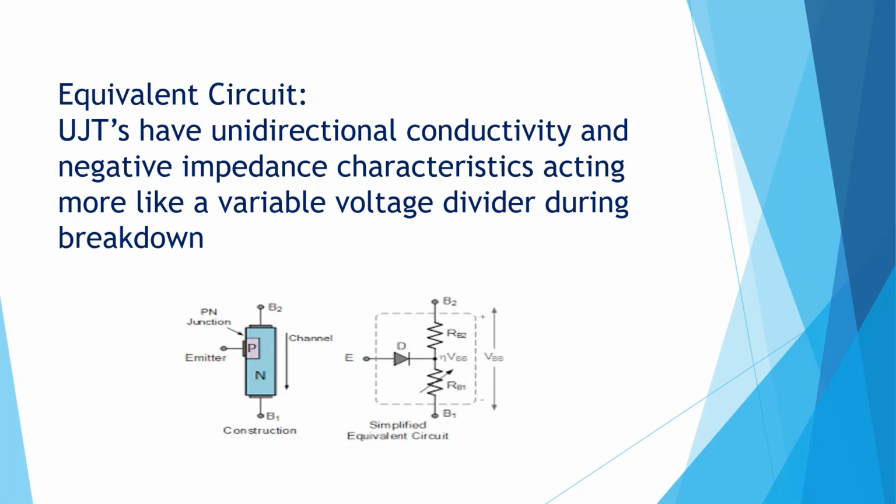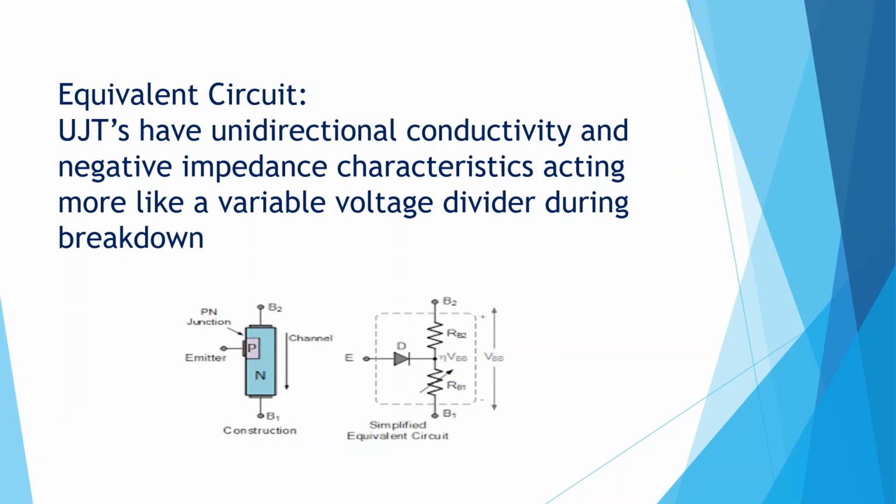The second thing which we have to understand is called inter-base resistance, the resistance between base 1 and base 2, which will be further specified as RBB. It is the resistance between base 2 and base 1, that is, the total resistance of the silicon bar from one end to the other end with the emitter terminal open.